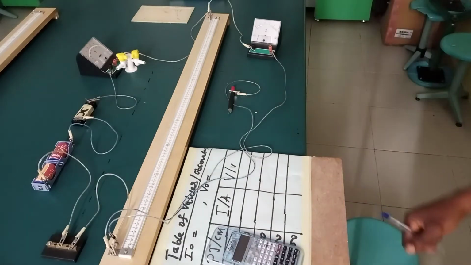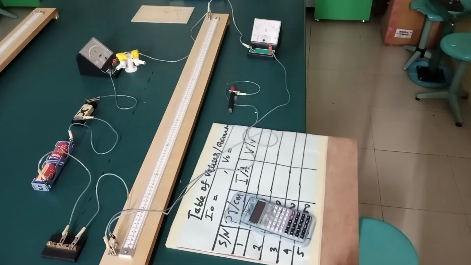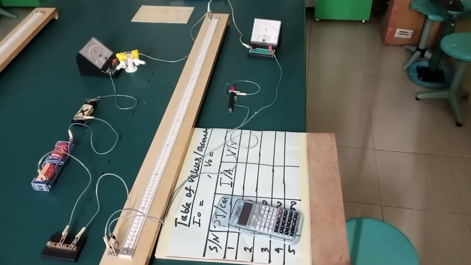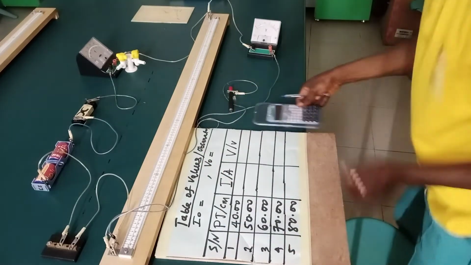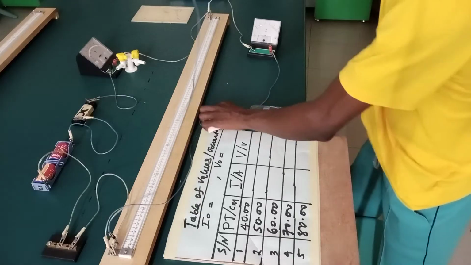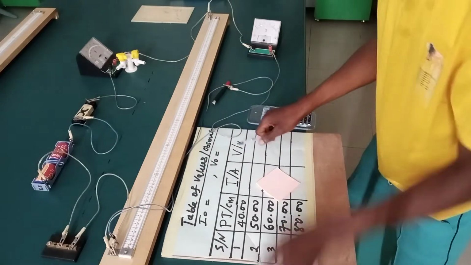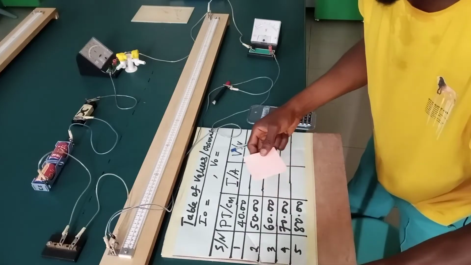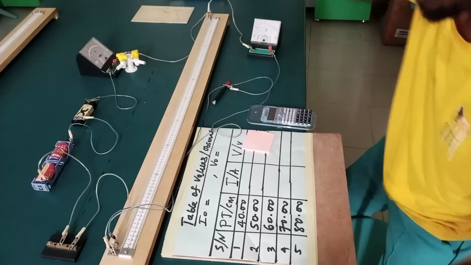So let's get set for the experiment. So this is our jockey. So let's start. I have a sticky note here for us to do some little calculations.